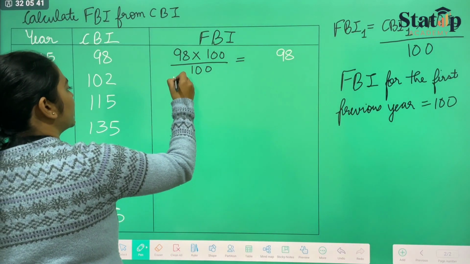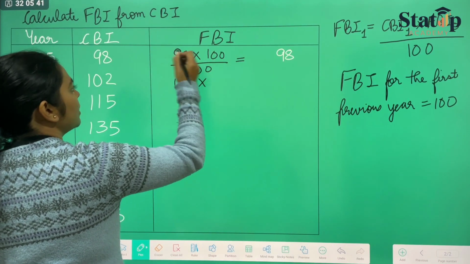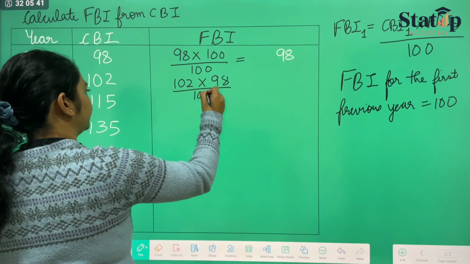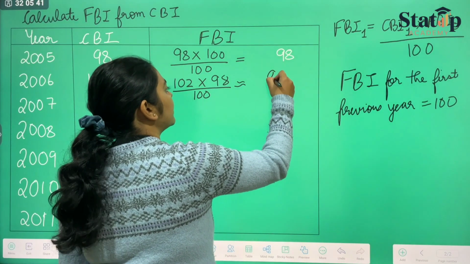Then the second one would be chain base index of this year, 102, into previous year's fixed base index, which is 98, upon 100. This will almost be equal to 99.96.